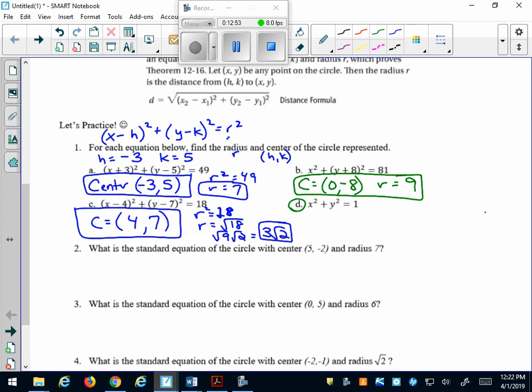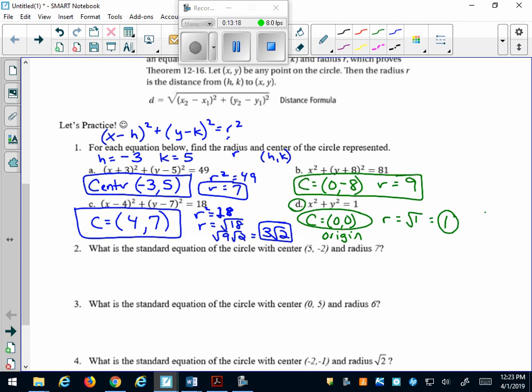Now D is just x squared and just y squared. So now is when the center is the origin. So the center is at the point 0, 0, which is the origin. And the radius is square root of 1, which is just 1.